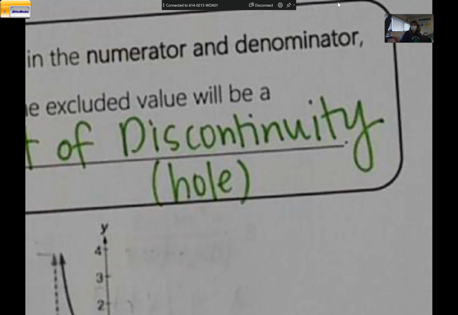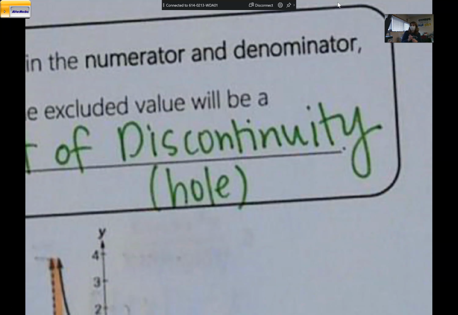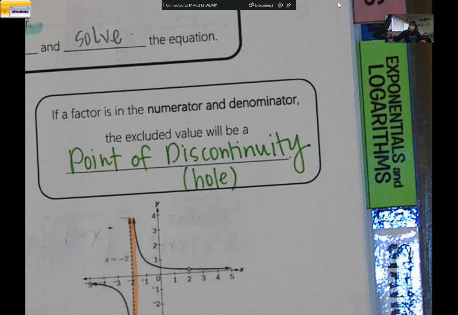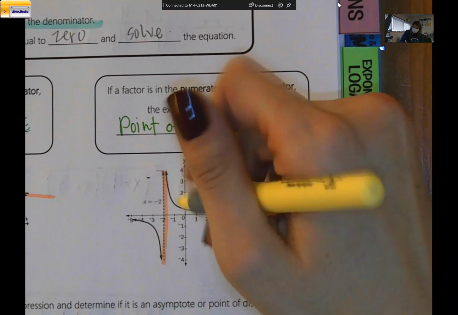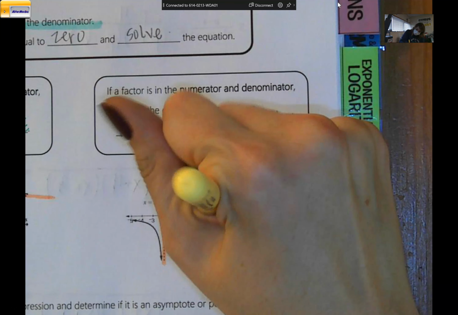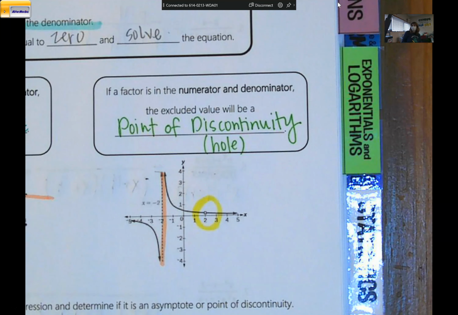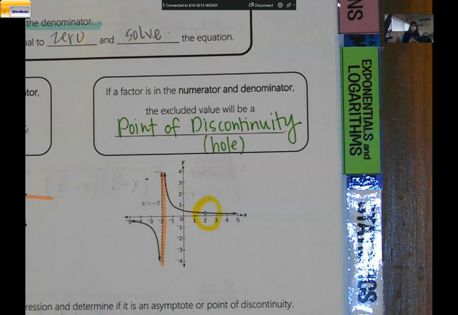So in this particular graph, you have a fence and a hole. So you have a fence at x is -2. This time it's labeled for you. And a hole, a point of discontinuity at x is 2. Do you see that really teeny tiny open dot, open point? Thank you.